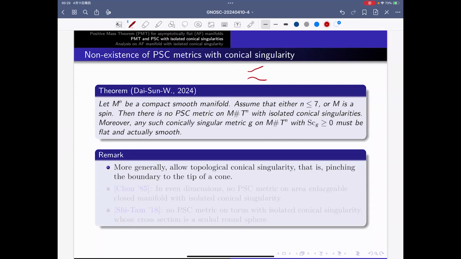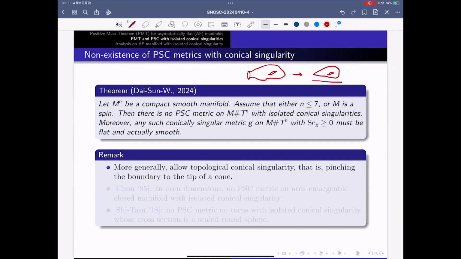And we could take the connected sum of that with a torus, and then we can, for example, pinch the boundary to a point, the tip of the cone, actually. So we get conic singularities, and so our result shows this kind of conically singular metric with positive scalar curvature cannot exist. Yeah.